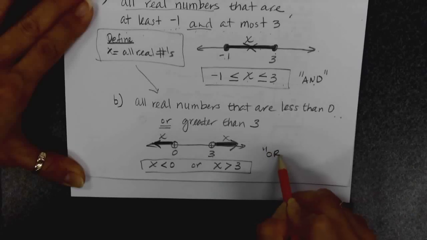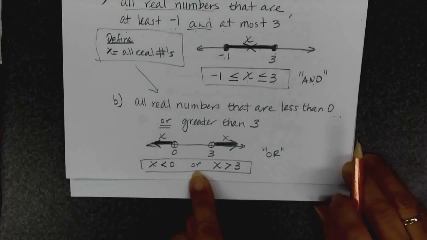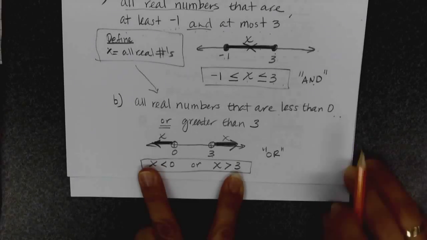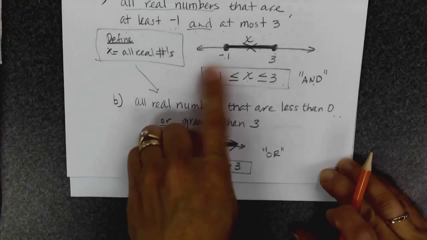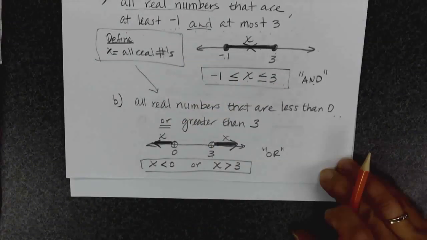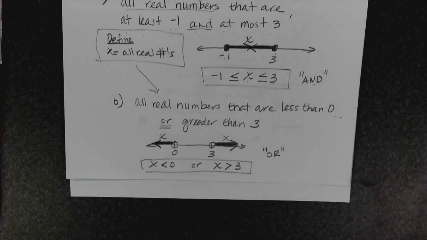So this is an or. Ors use the word or, and you write them separately. Where with an and, you use one x, and x is between the smaller and the bigger number. That's the difference between an and and an or compound inequality.